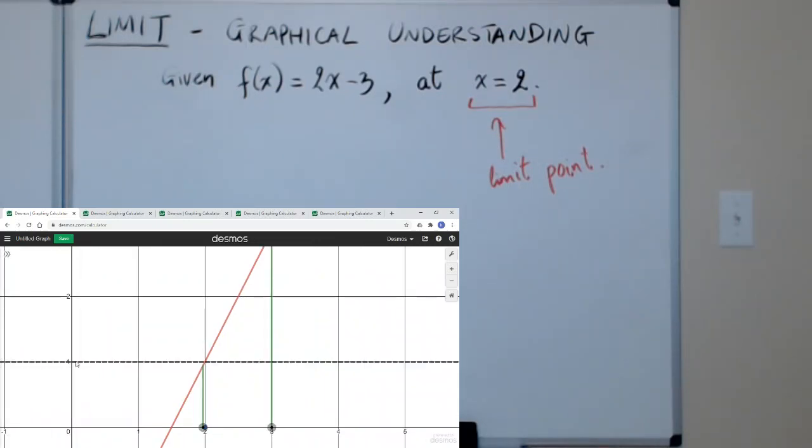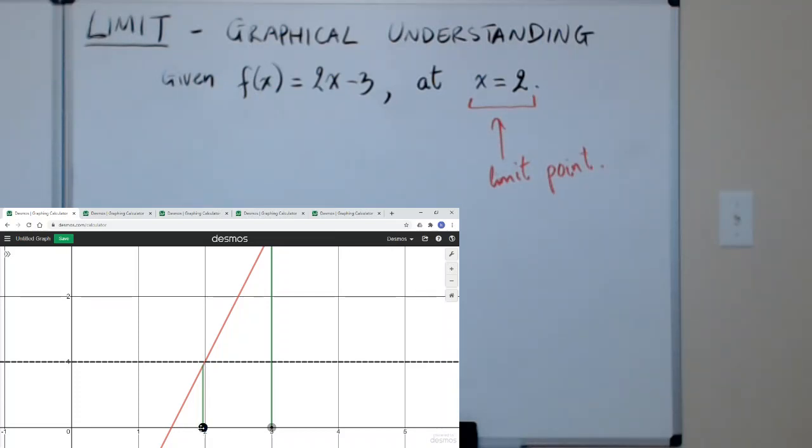The reason I put this horizontal line at y equals 1 is not because I intend this height to be the height of the function at x equals 2. It happens to be, but simply this is the height that the vertical green height seems to be making an attempt to get close to.